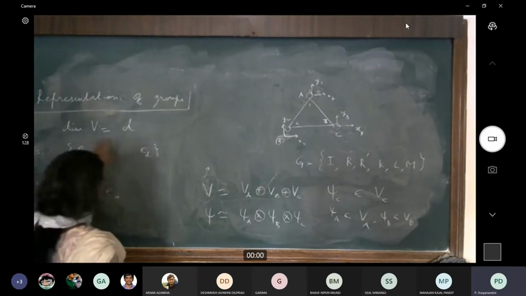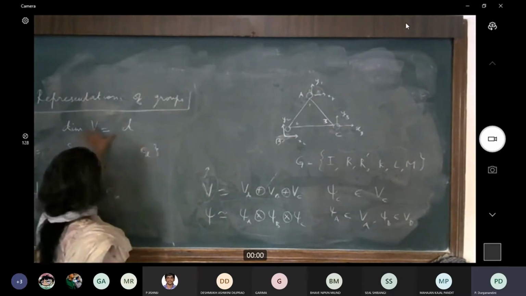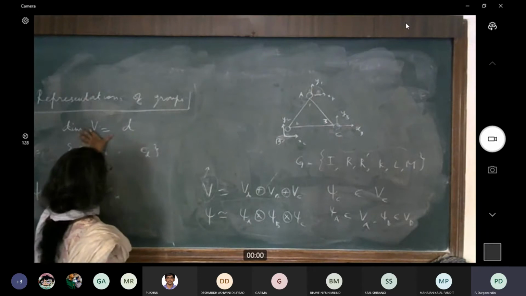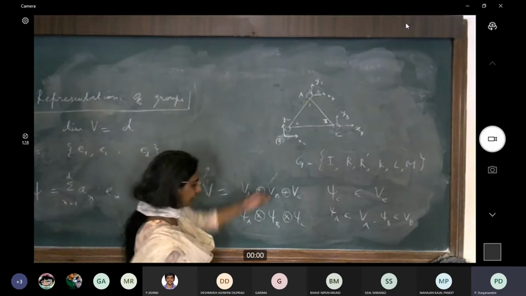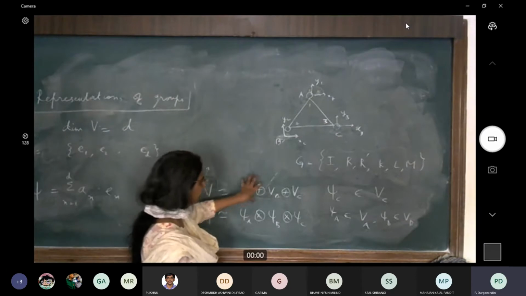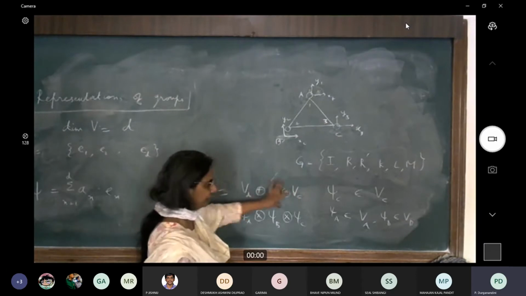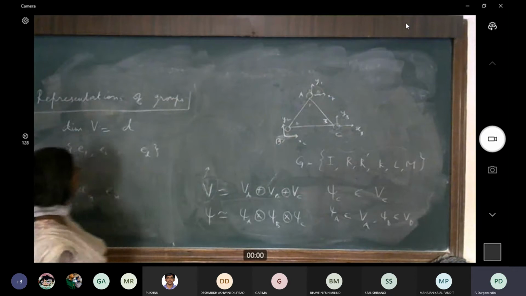And further, what is possible to do is that your overall vector space very often can be decomposed into sums or direct sums of vector spaces of smaller dimensions.